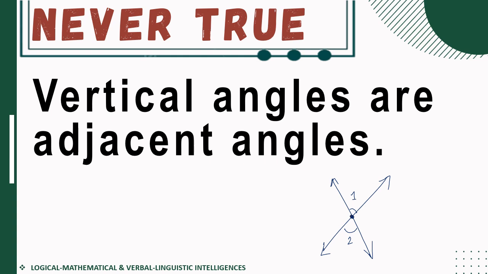Yes, there is a common vertex, but they do not have a common side, even though they do not share common interior points. Still, out of the three conditions of adjacent angles, they do not satisfy one of the three conditions. That violates the conditions of adjacent angles. Therefore, generally, we cannot say that vertical angles are also considered adjacent angles. So that will never be true.